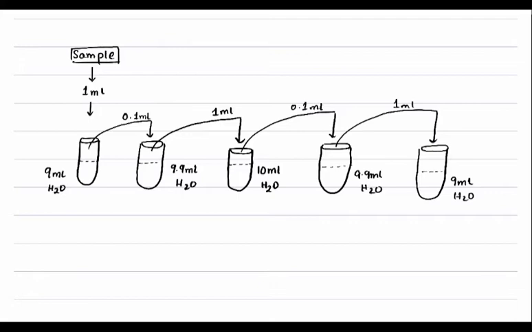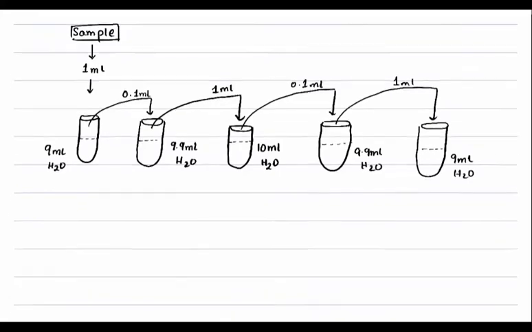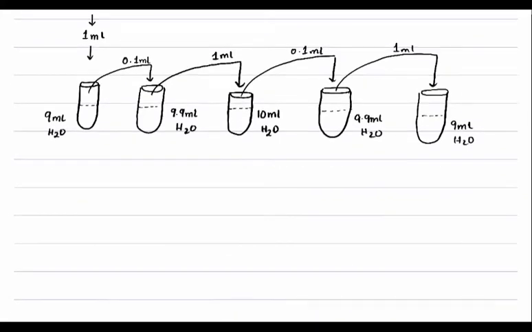And now what you need to do, you need to calculate the initial dilution of the sample. Right. So the initial dilution, the formula is stock volume by the final volume. Right.